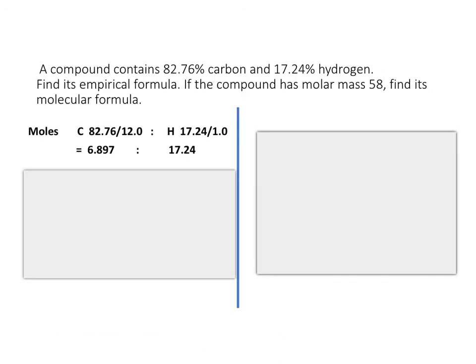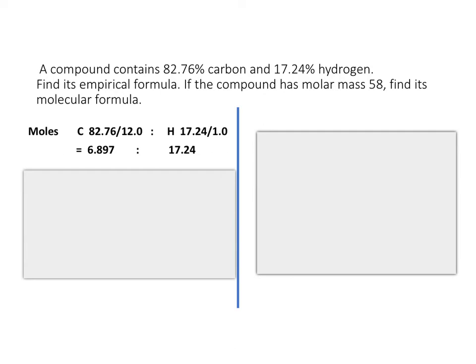So you may have done something similar to this in your first module, but we are going to find the formula now of a hydrocarbon. And we know that the hydrocarbon has 82.76% carbon and 17.24% hydrogen in it. And we're going to find its empirical formula first of all.